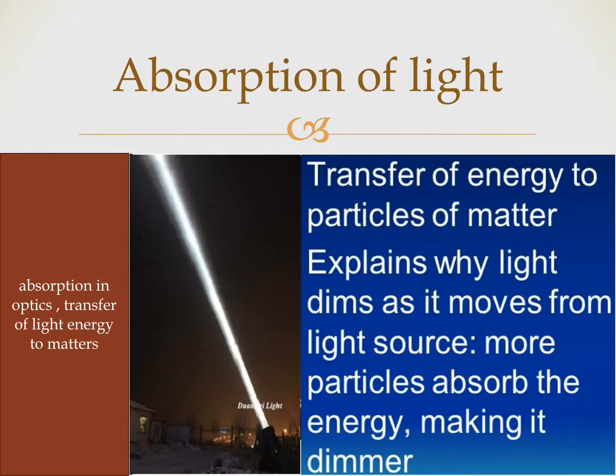When a beam of light shines through, for example, air, particles in the air absorb some of the energy from the light. So the beam of light becomes dim. The farther the light travels from the source, the more light is absorbed by the particles of the air, so the light becomes dimmer.